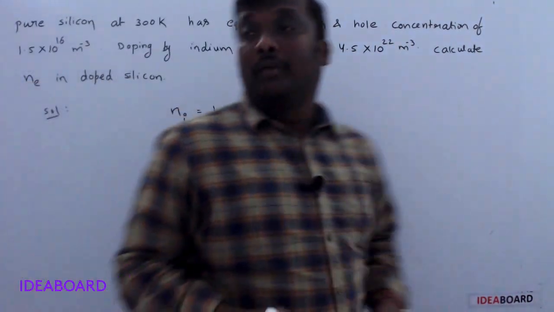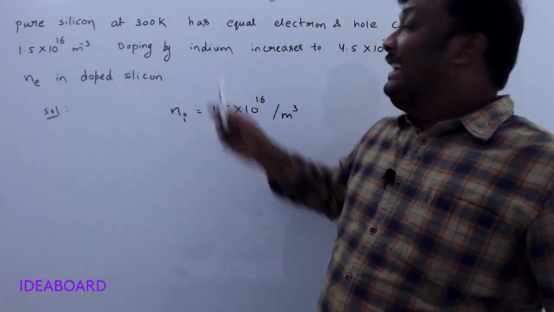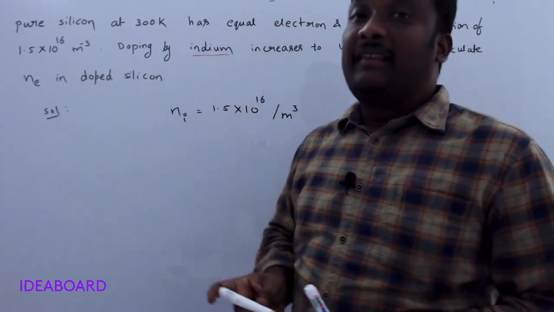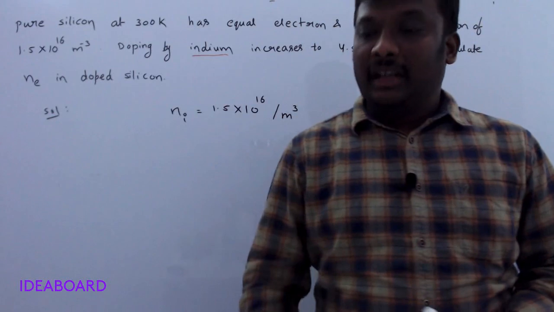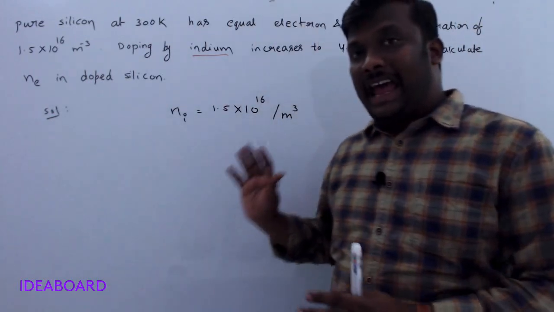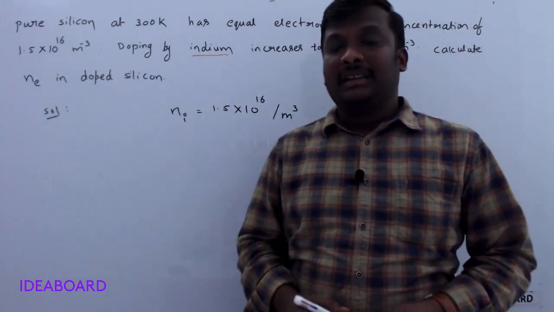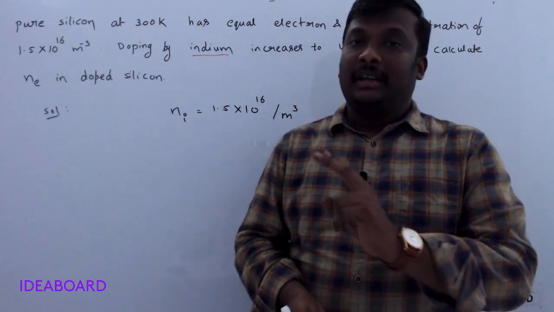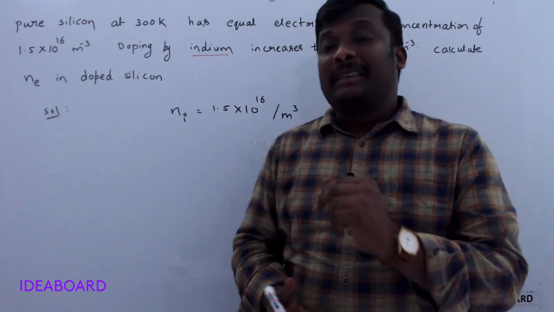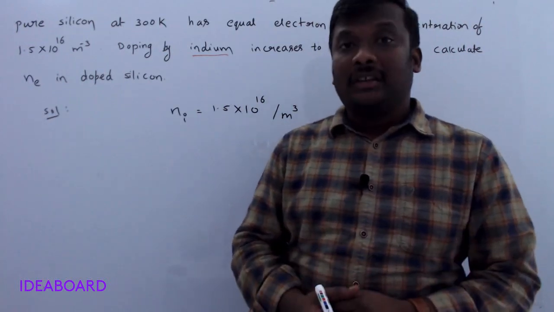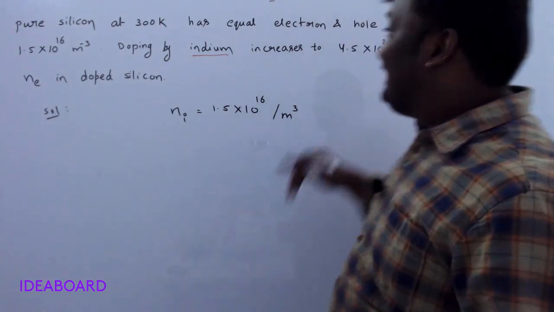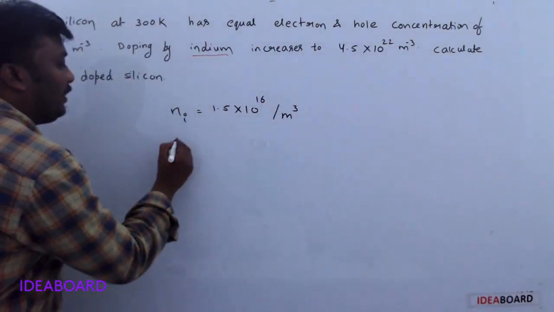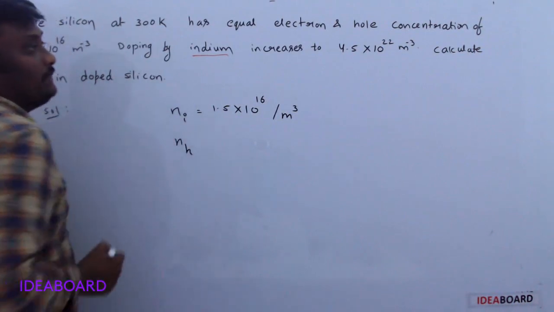Now, doping by indium. Indium is a trivalent impurity. Whenever a trivalent impurity is added to a pure semiconductor, it becomes a p-type semiconductor. In a p-type semiconductor, the majority charge carriers are holes. So the value given here is related to NH.